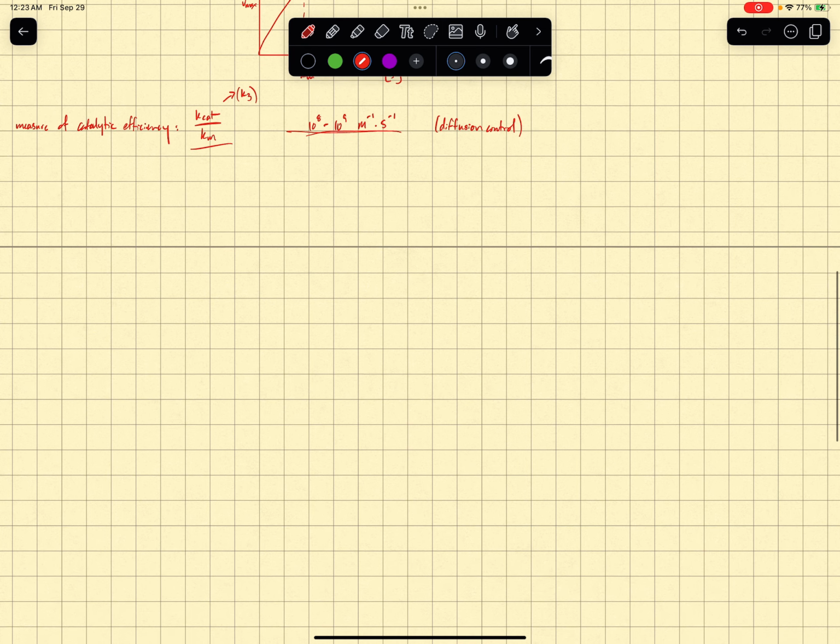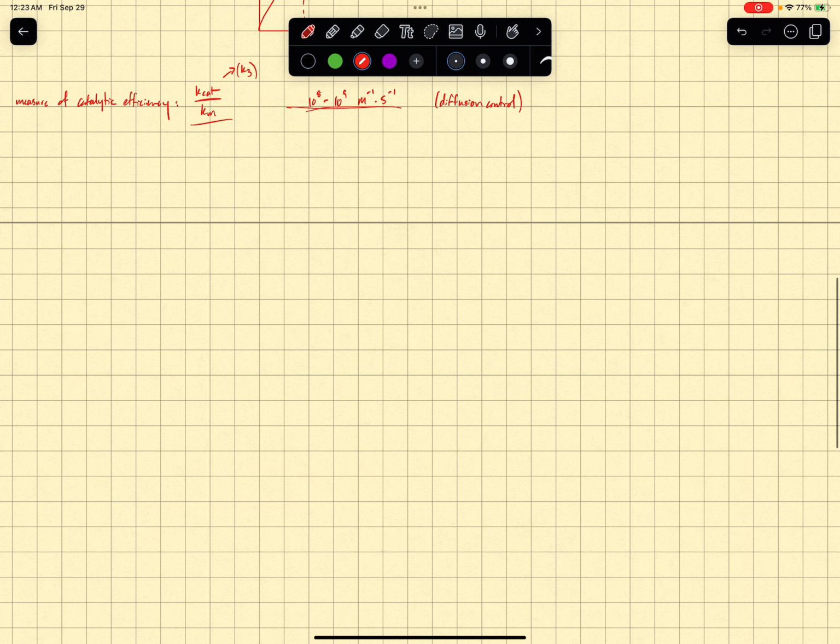Now, before I get into Lineweaver-Burk plots, I do want to mention that there are some exceptions to the Michaelis-Menten equation, and so it can't work with the following. Number one, multi-substrate reactions.